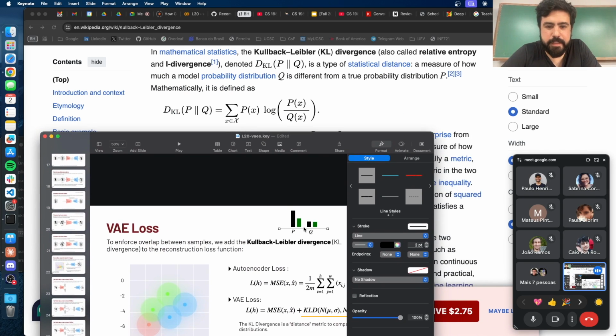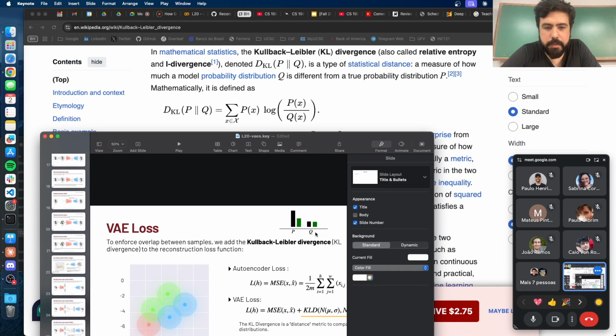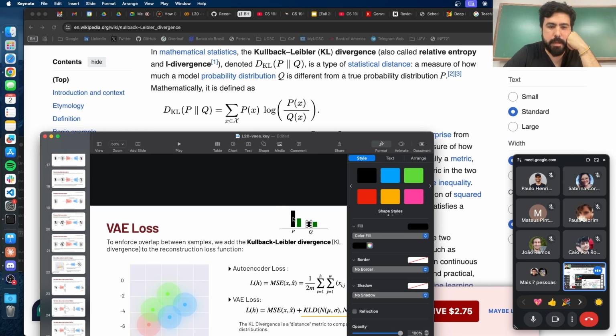So if I have these two distributions, P and Q, I can apply this formula to compare them and get a single value that tells how different they are from each other. So P of 0 would be this bar, and Q of 0 would be this bar. So I divide one by the other, and then take the log, right, and multiply by this value, which is P of x.